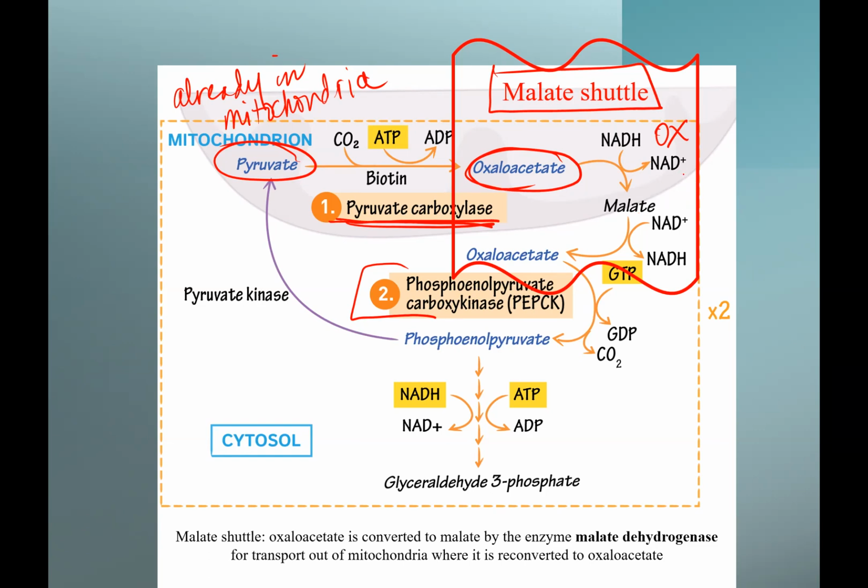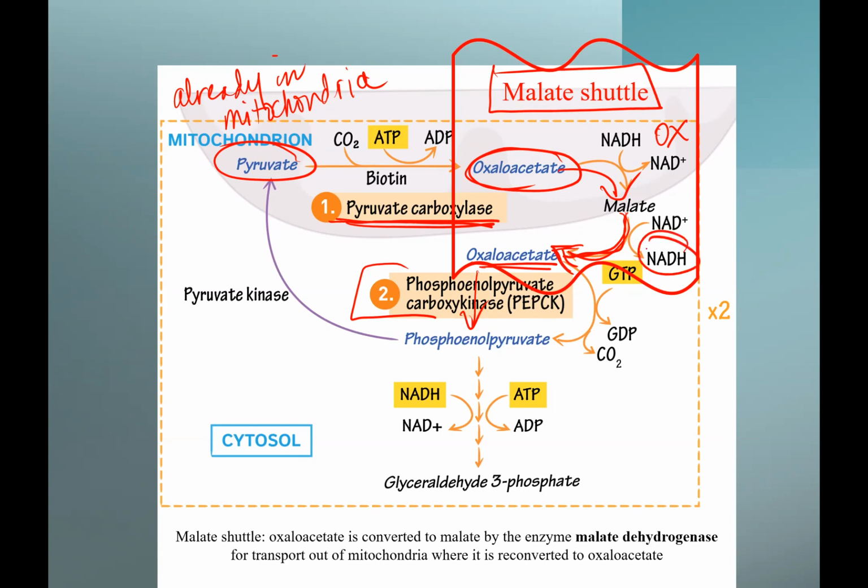The oxaloacetate is going to go on its merry way and go through reaction two to form PEP, the decarboxylation and the GTP consumption and all that. And in the meantime, malate will get reoxidized to oxaloacetate. This has to happen, actually. Malate has to form the oxaloacetate again, right? Because the oxaloacetate got converted to malate. So now the malate's going to go back to oxaloacetate. Then this will be the substrate for the PEP-CK reaction.